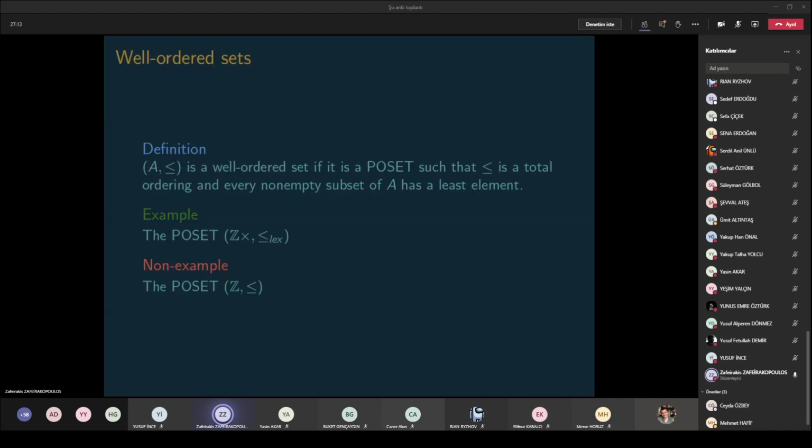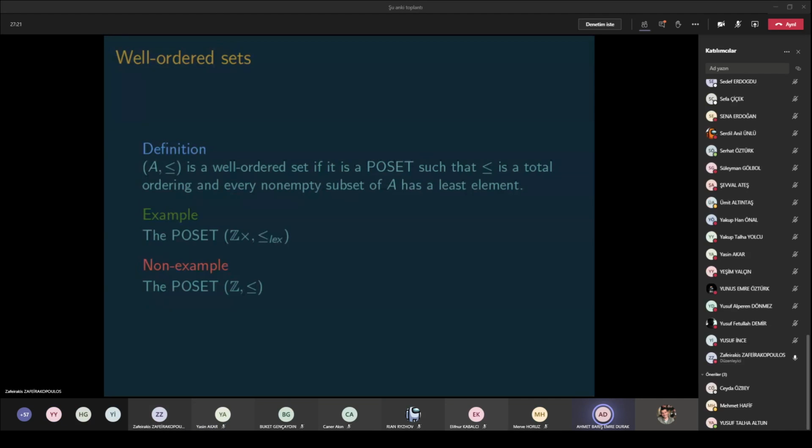But there was a question. No question? So are we comparing Z and the relation on Z in the first example? Should we compare Z plus with the relation on Z plus for a well-ordered set?